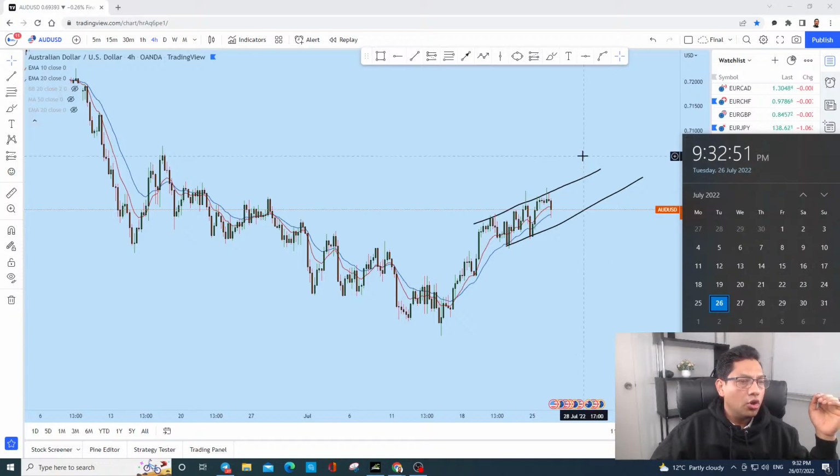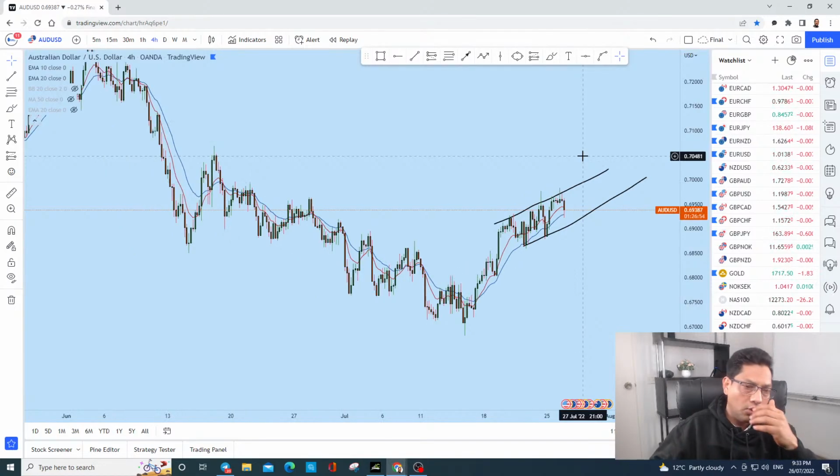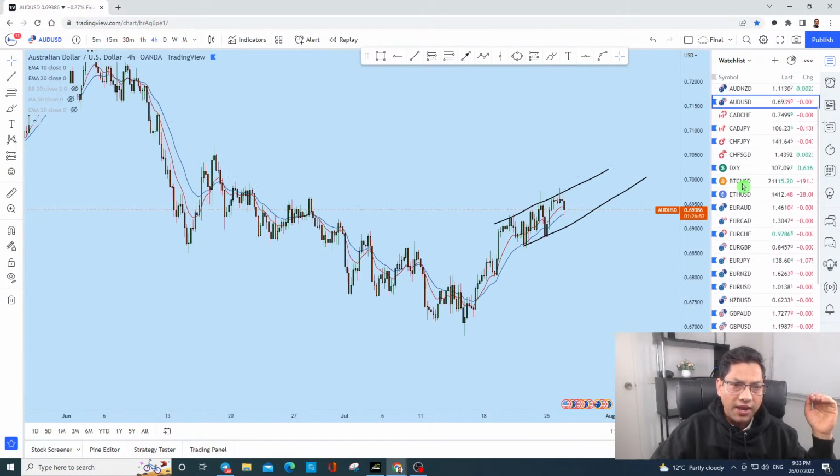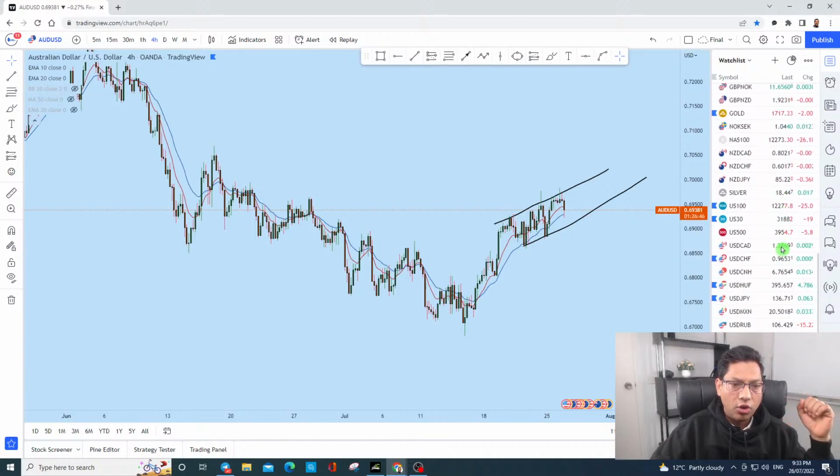Normally the last week of the month and the first week of the month are very volatile. There is a high probability of a lot of volatility in the market, so with that in mind, let's find out how we can find a better trading opportunity.